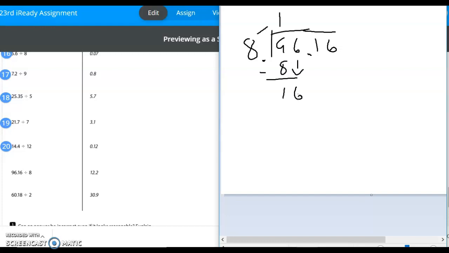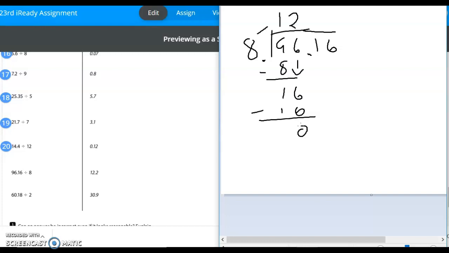Or 16 divided by 8? And I get 2. Now, I'm not going to put my decimal up. You might be tempted to do that. Do not do that yet. Right? So now I'm going to say 2 times 8 is 16. I'm going to subtract.